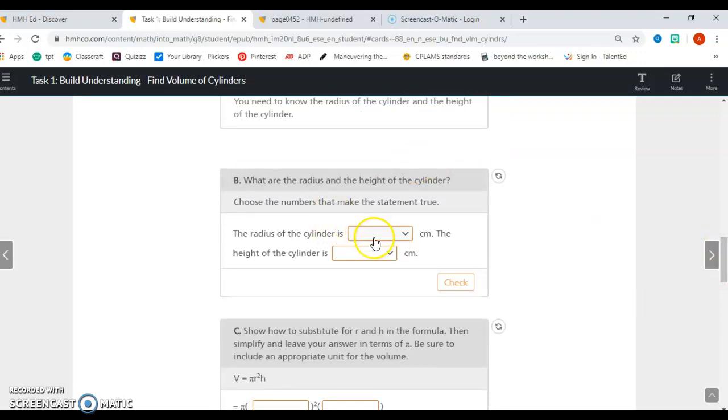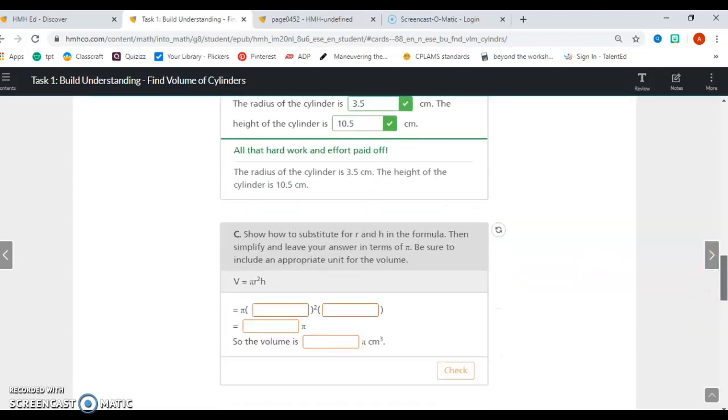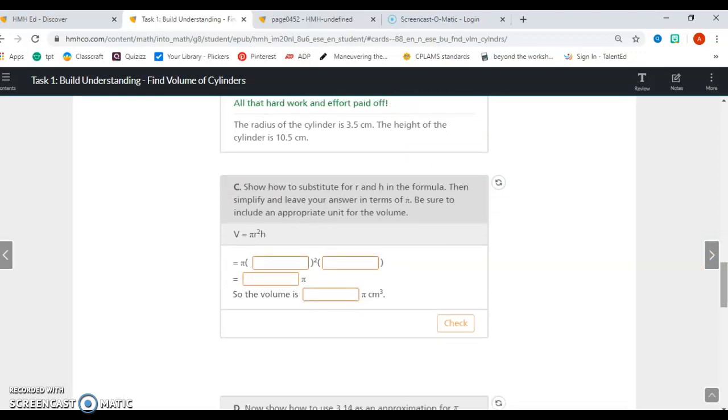And here, the radius measurement is 3.5 centimeters, and the height is 10.5 centimeters. So now you know what measurements you're going to use to plug into your formula. And here's our formula: pi times radius squared times height. Once again, we know that our radius is 3.5, so pi times the radius being 3.5, squared, times the height. And we know the height is 10.5.